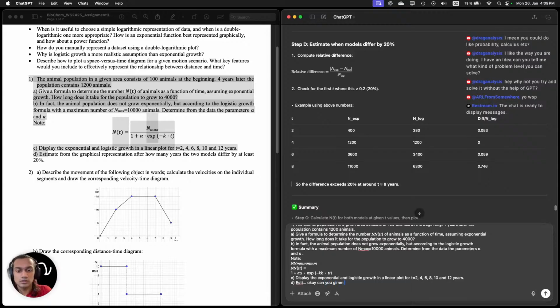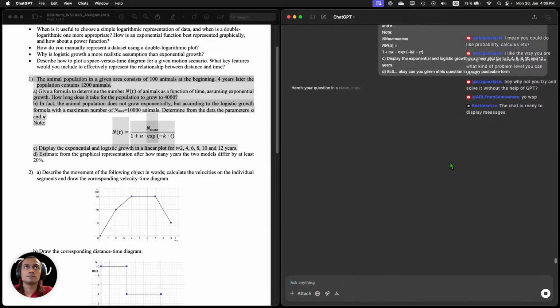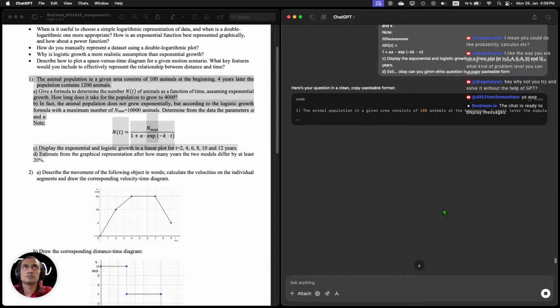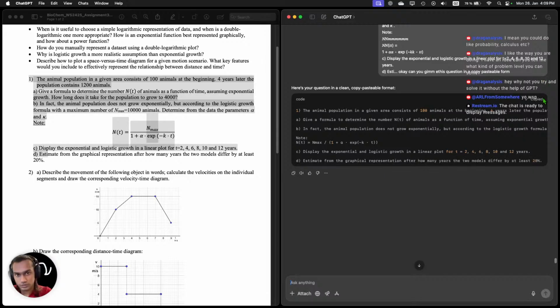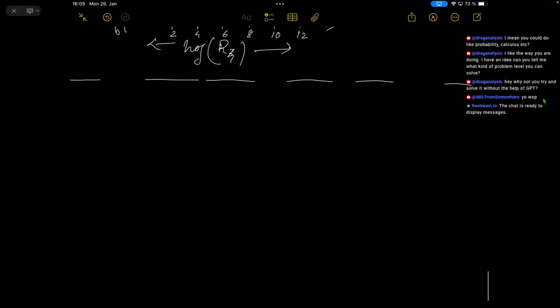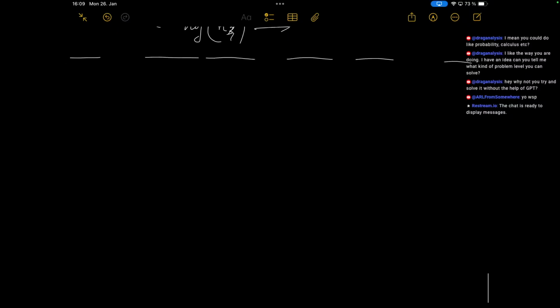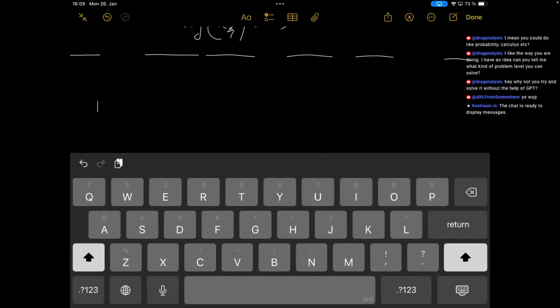Can you give me this question in a... let me see how it is going to paste into my tablet. Okay, when my screen is shared, I don't see the chat. I won't see even a single bit.